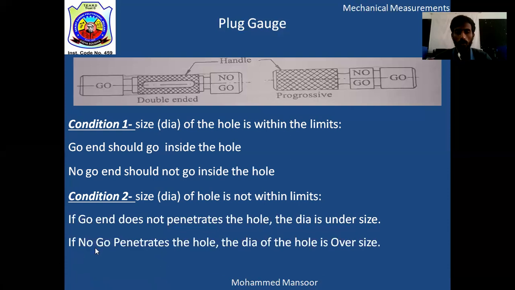If no go penetrates the hole, then we call the dia of the hole oversized. This is how the plug gauges are utilized. If the hole size is not within the limits, then the component is rejected.